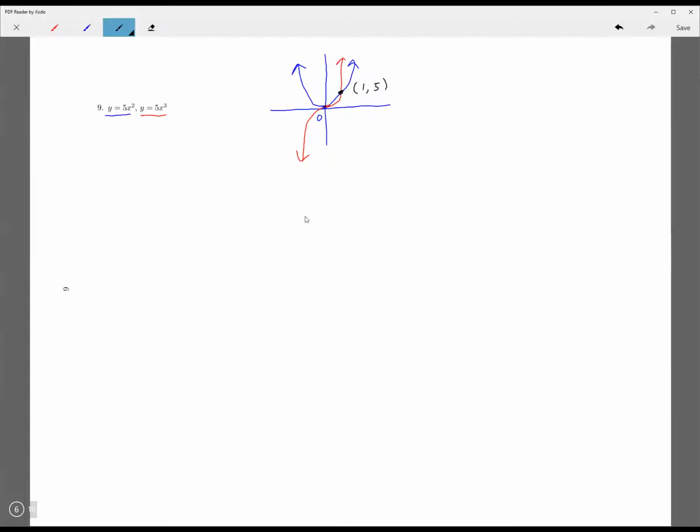Okay. At 0 is easy, because look, what are the tangents at 0 for each of these? We take the slope as the derivative, right?